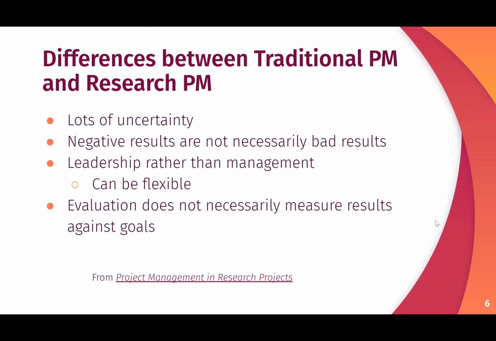A few other differences. First of all, there's lots of uncertainty. There's so many things that we don't know, from what the results of our research will be to whether we'll be able to get funding, if it will be possible to do. Negative results are not necessarily bad results. You may have a research project where you are testing a hypothesis and then your hypothesis turns out to be negative.